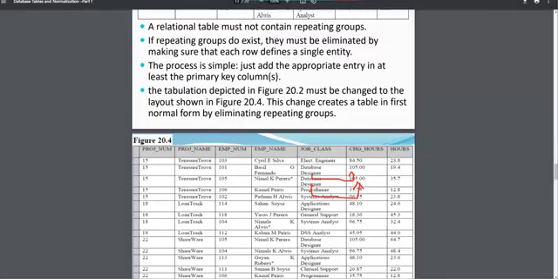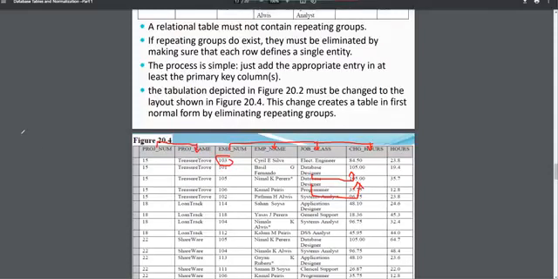If you get the employee number, then we mentioned that employee name and job class, charge hour, basically depend on the employee number. Project name depends on project number.